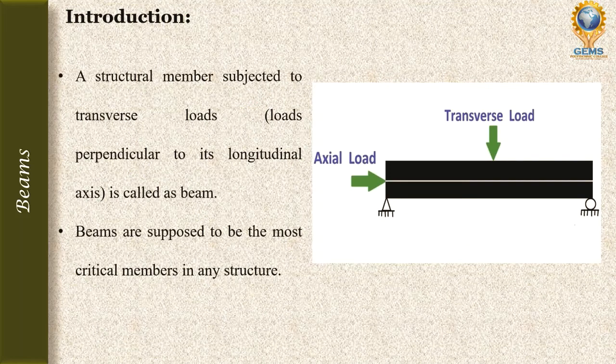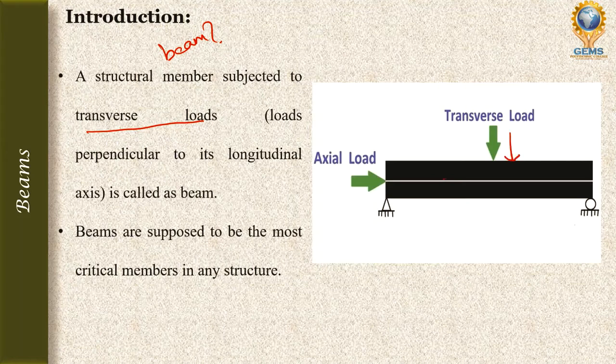Let's start our video with the introduction. So what is a beam? A beam is a structural member subjected to transverse loads. What do transverse loads mean? In the diagram, they are perpendicular to the longitudinal axis.